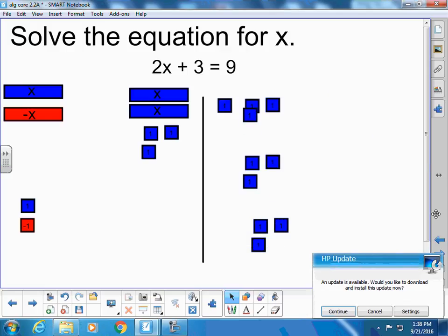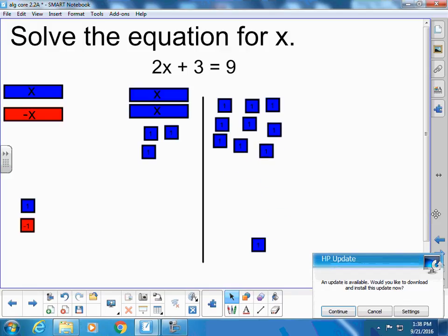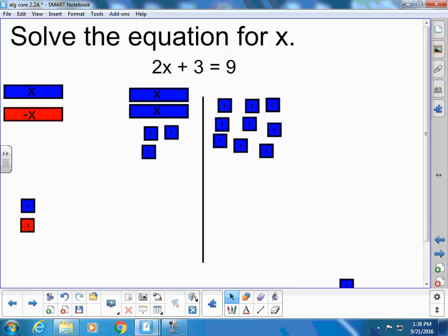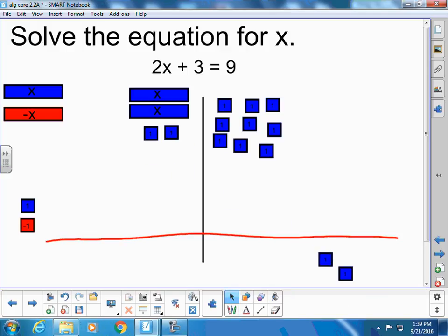So now I have 1, 2, 3, 4, 5, 6, 7, 8, 9. So that one is gone. Remember, what I can remove from one side, I can do the same to the other side. So I'm going to take these 3 away, and at the same time, I will take 3 away from the other side to keep our equation balanced.